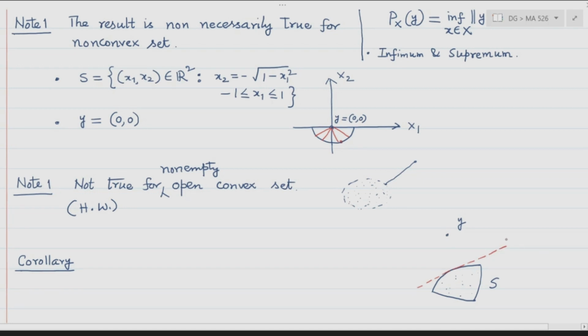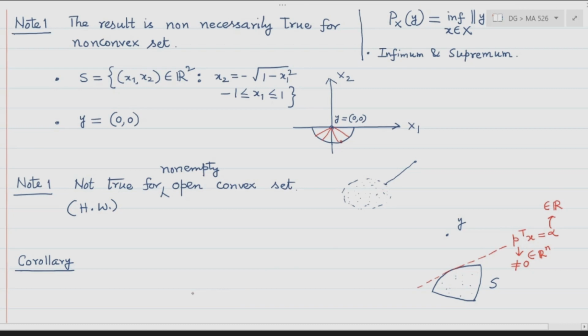That means there exists a hyperplane p transpose x equal to alpha, where p is a non-null vector in Rn and alpha is a scalar, a real number.